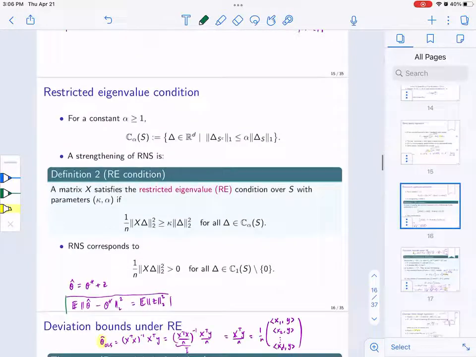Ideally, you want to solve an optimization problem. You can try to divide both sides by the norm of delta squared, and then minimize 1 over n times the norm of x delta squared divided by the norm of delta squared, subject to delta in the cone. This is an optimization problem that you can, in principle, solve.